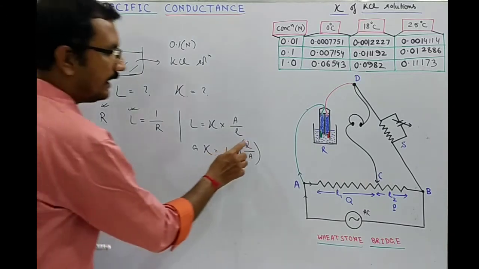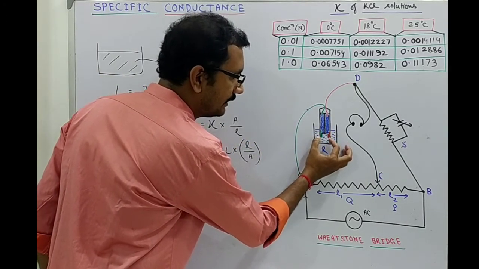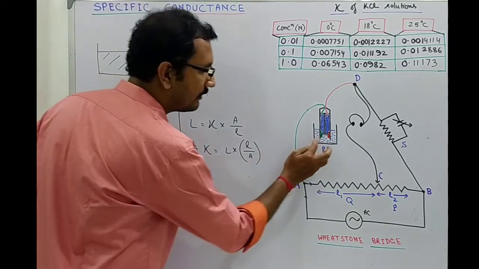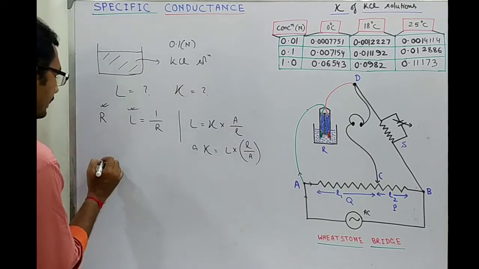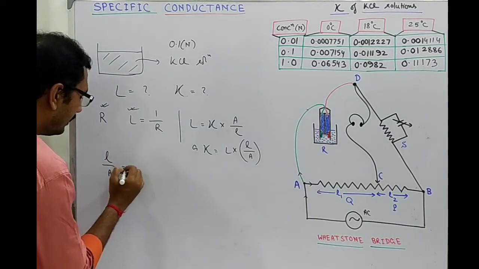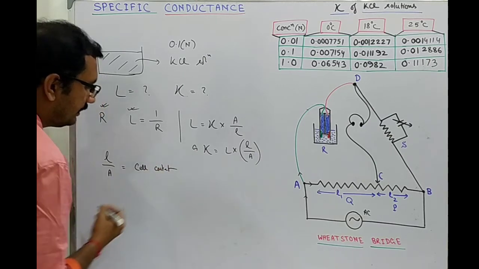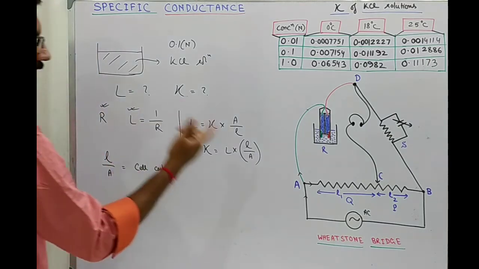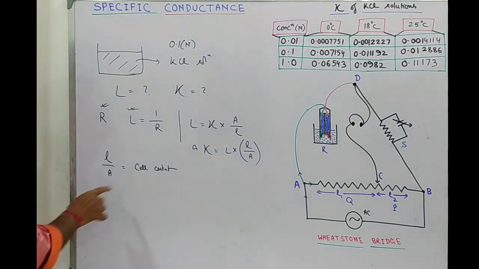Now, this l is the distance between the two electrodes that are placed parallelly, and A is the cross sectional area of each electrode, and this l by A is referred as the cell constant. Cell means what? Cell means the conductivity cell that I have mentioned just now. So, this is the cell constant of the conductivity cell.